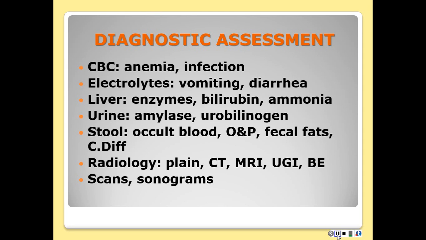We're also looking at electrolytes, especially if your patient has had vomiting and diarrhea. Anything that affects fluids is going to affect your electrolytes. Liver enzymes may be checked. And when you have liver problems, your enzymes are going to be elevated.